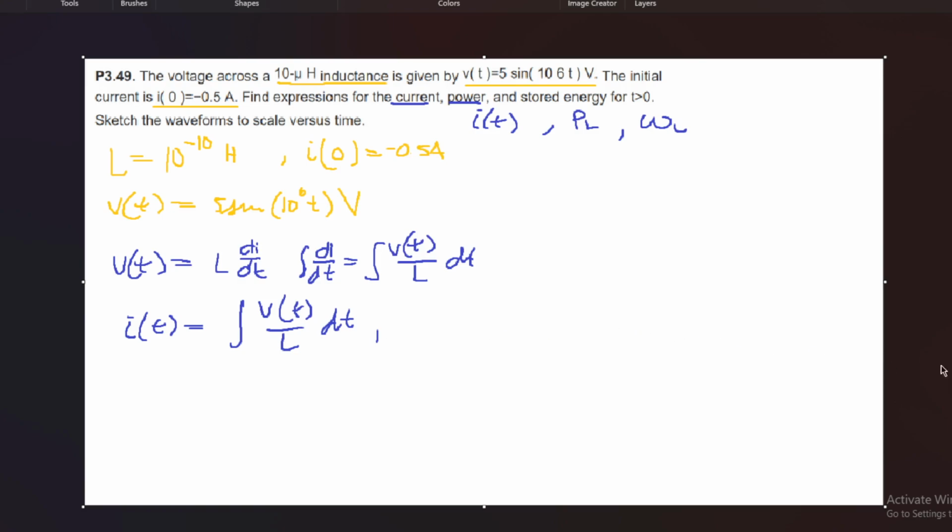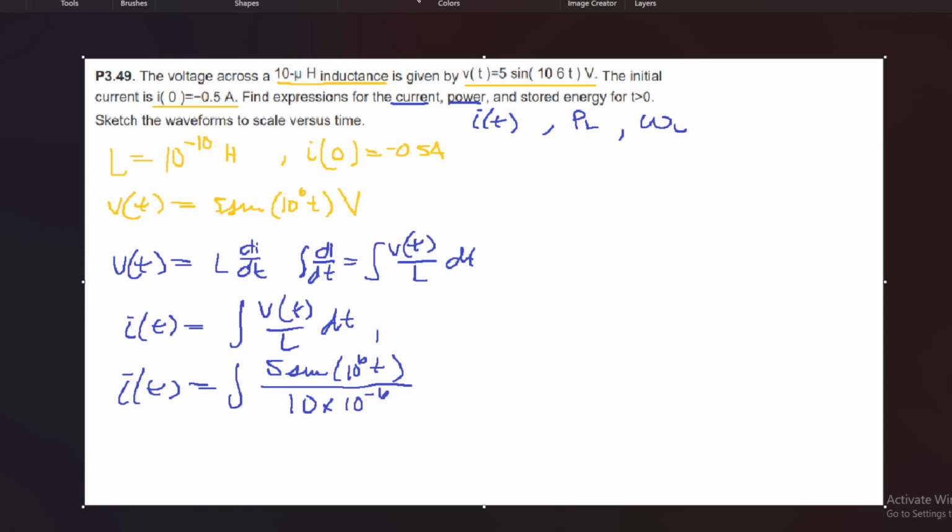So I of t is equal to the integral of 5 sine 10 to the 6t all over 10 times 10 to the negative 6.